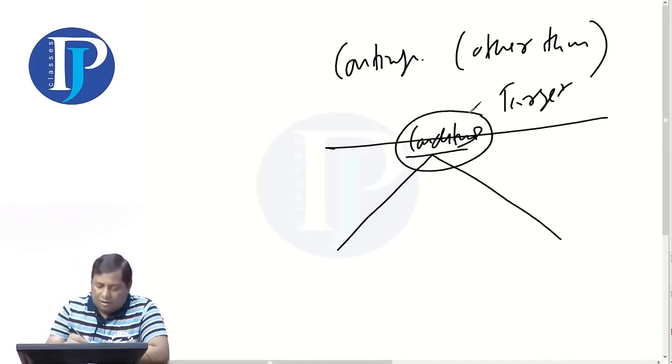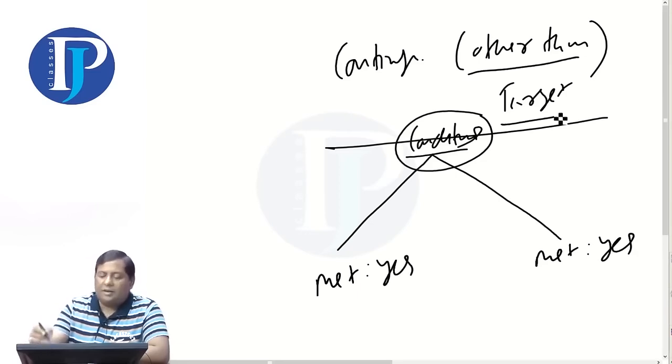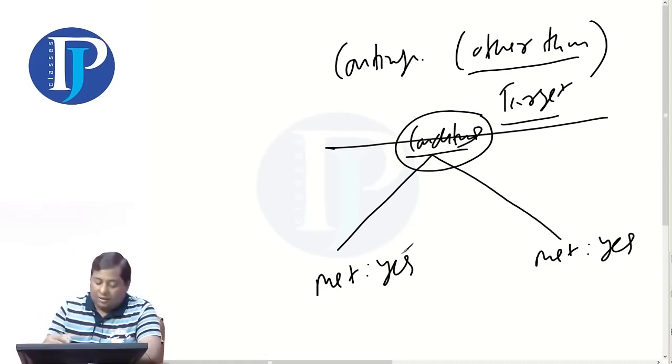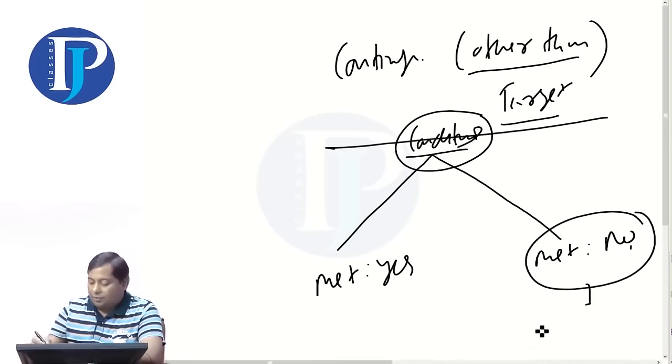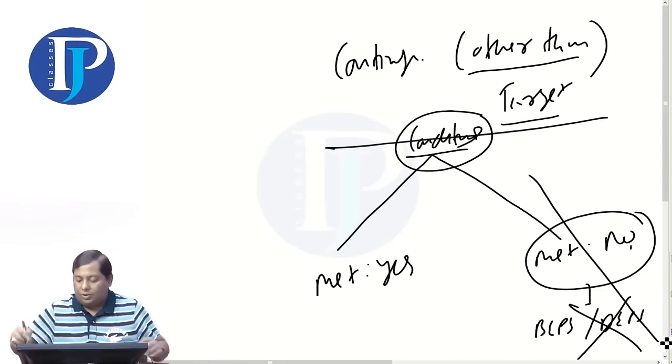Which condition? The condition is met or the condition is not met. Was the contingency fulfilled or not? Let's assume the contingency wasn't fulfilled. There's no contingency here. Then be it basic EPS or diluted EPS, do not use this anywhere. Take the name of your God and cut it.